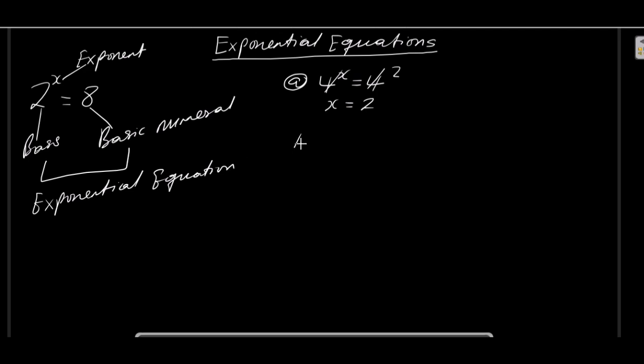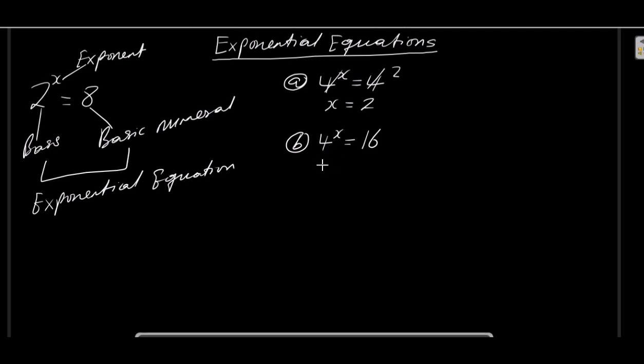Now, the second form of exponential equation is an exponential equation with different bases in which we can make the bases the same. For instance, if we have 4^x = 16, the bases are not the same, but we can make them the same.